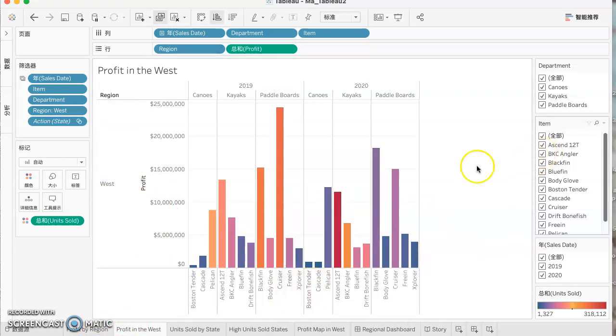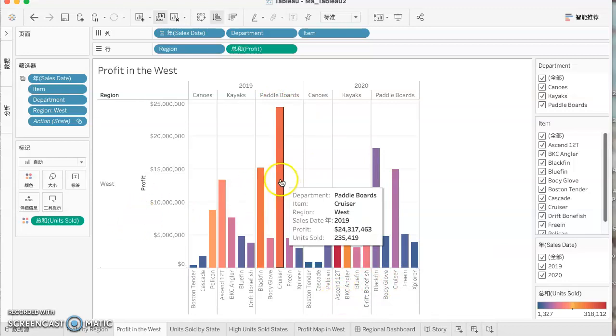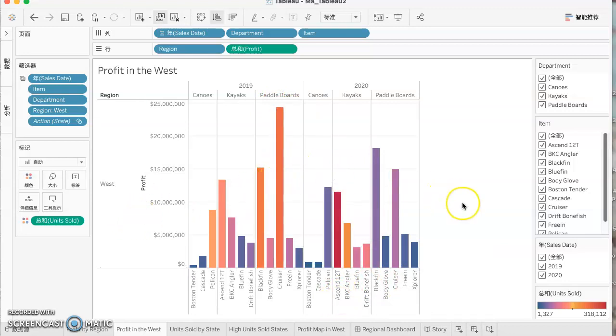This time, the difference is that the warmer the bar color, the higher the units sold. We can see that the cruiser still has the highest profit. However, this time its units sold are not the highest.